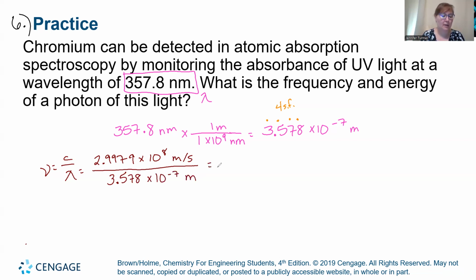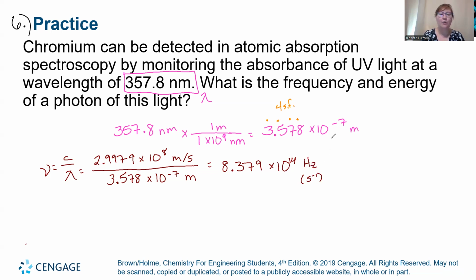That cancels out our meters, and we get 4 significant figures. So the frequency is 8.379 times 10 to the 14th, again in inverse seconds, which is the same thing as hertz.